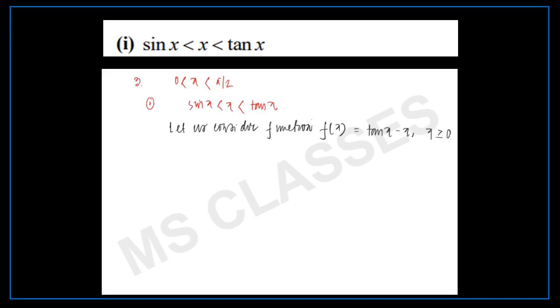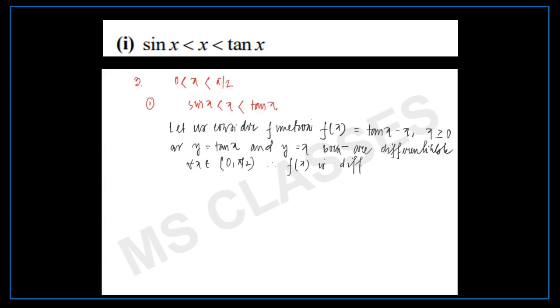As y equal to tan x and y equal to x, both are differentiable for all x belongs to 0, pi by 2, therefore f(x) is differentiable for x belongs to 0, pi by 2.